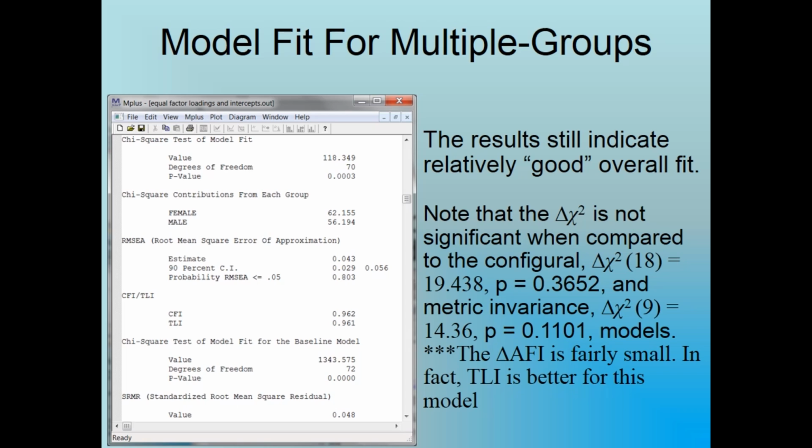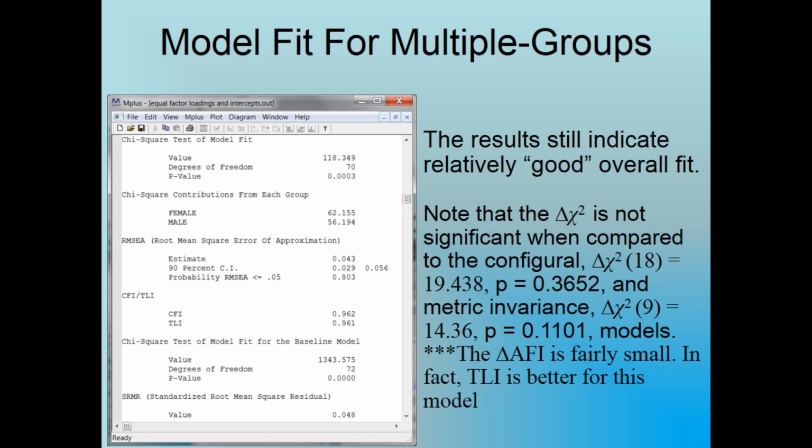As you can see here, our change in approximate fit is also relatively small. So again, the change in CFI, TLI, RMSEA is relatively small. Again, these results suggest that the factor loadings and intercepts are invariant across groups.